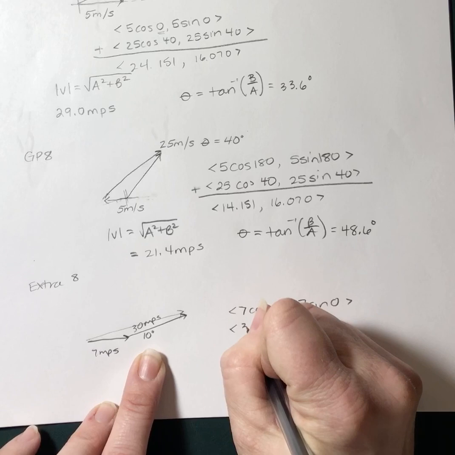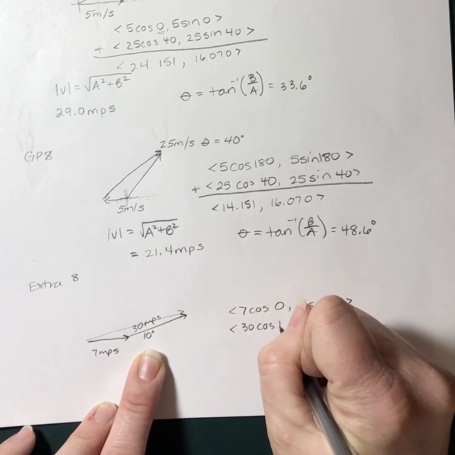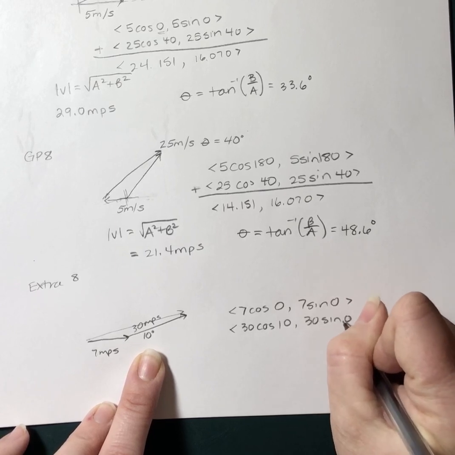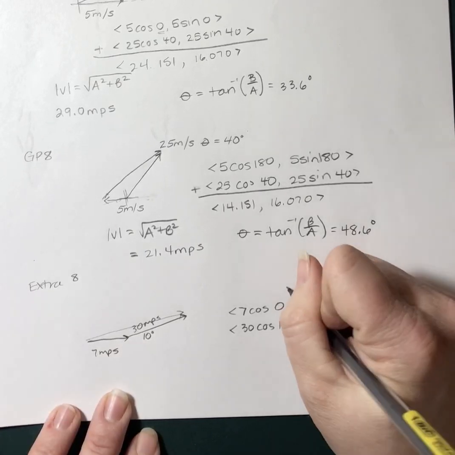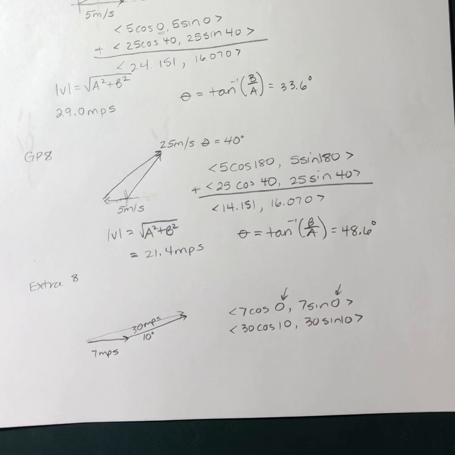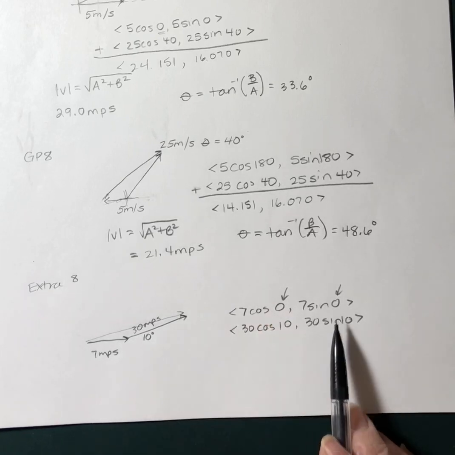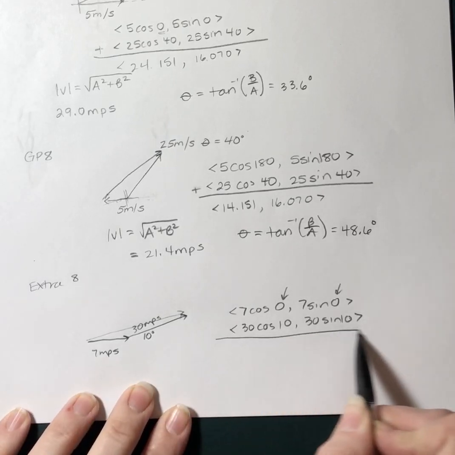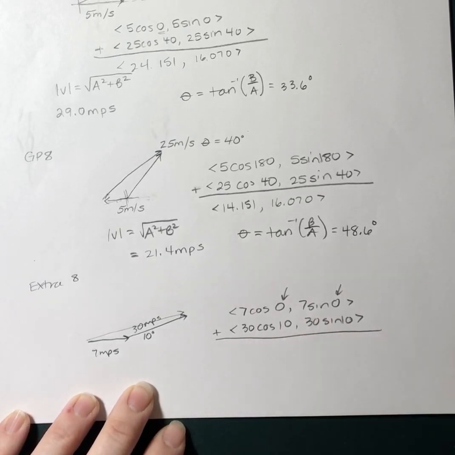This one is 30 cosine 10, 30 sine of 10. This angle is always with the horizontal. In some of the problems, they might give you a bearing, so you have to go back and find this angle from the horizontal. So we add those two together.